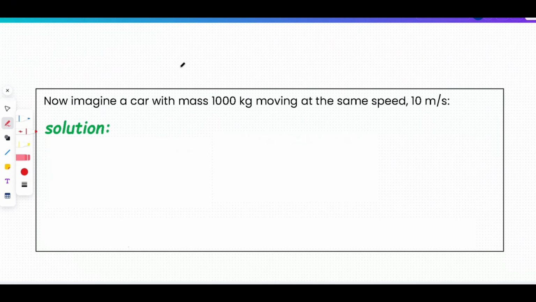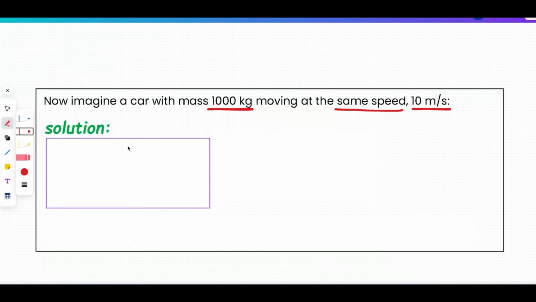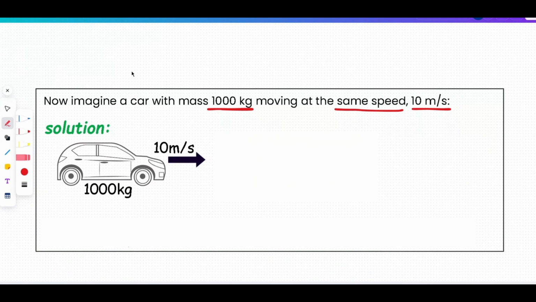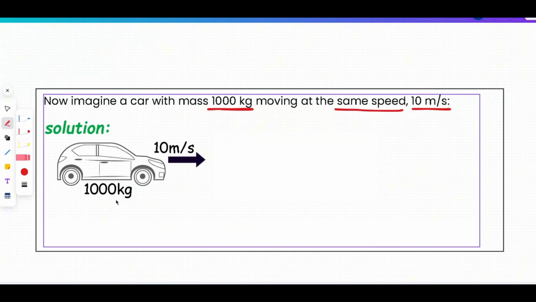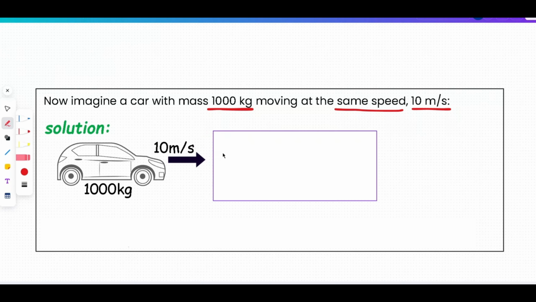Now imagine a car with mass 1000 kg moving at the same speed of 10 meters per second. Will it have the same momentum just because it has the same speed? Well, let's find out. First of all, make a quick sketch of what the question is talking about. So we have the car, it has a mass of 1000 kg and the velocity 10 meters per second.